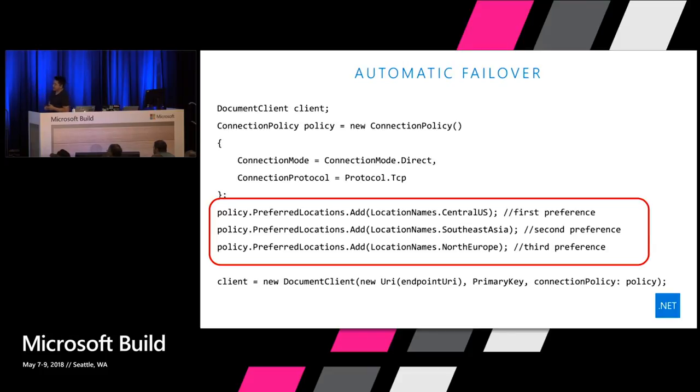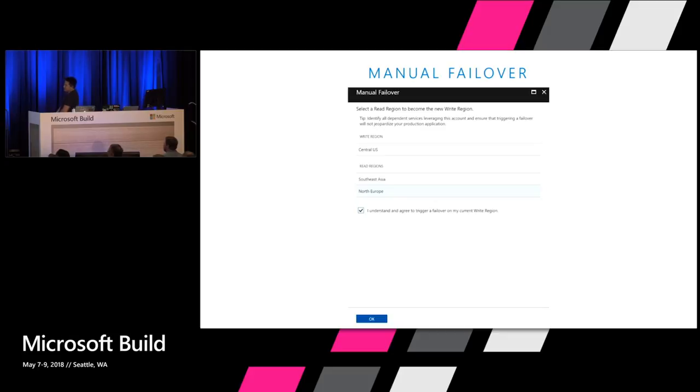That particular application instance will set a preferred location based off of an application config where it's aware of which region it's deployed in, and then it'll dynamically configure not just the first priority region, but also dynamically prioritize second priority, third priority, based off of what's closest to it. That way, at the client level, we can also override the failover behavior. In addition to automatic failover, we can also do manual failovers, should you want to do business continuity disaster recovery drills.